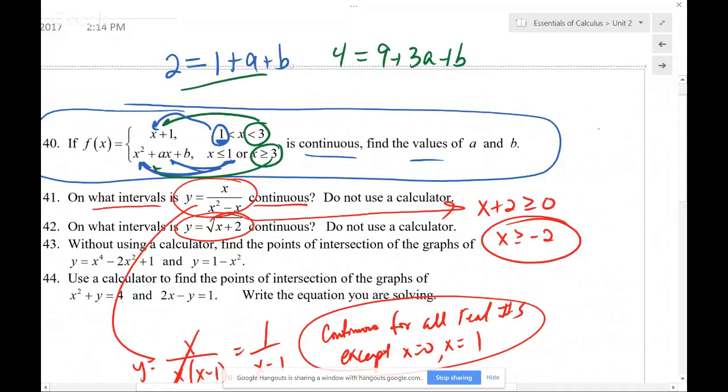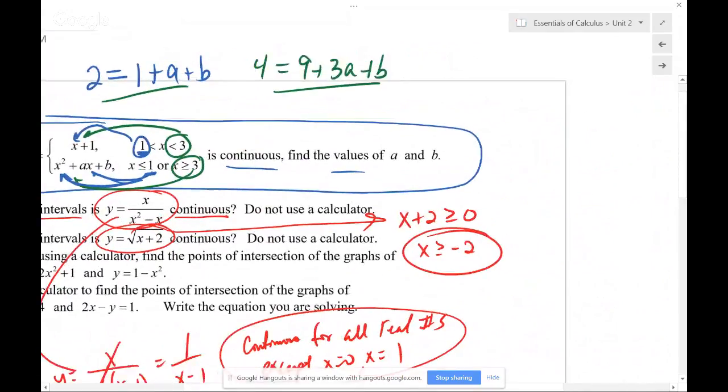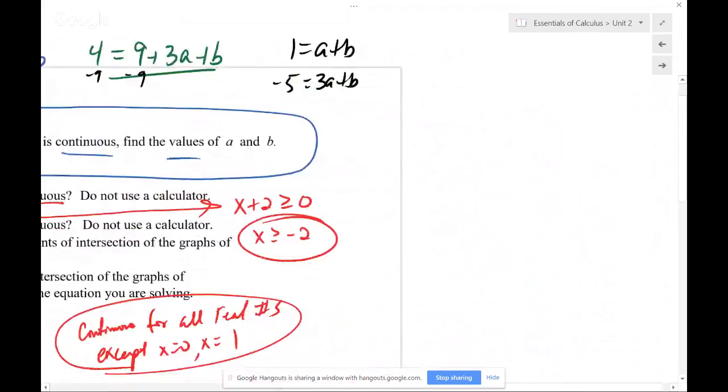All right, now that I have these two things, I'm going to set up a system of equations and solve those. So it's going to look like this. I'm going to subtract 1 over, and I'm going to get 1 equals A plus B, and then I'm going to subtract 9 over, and I'm going to get negative 5 equals 3A plus B. Depending on what method you want to use, I saw one student today use substitution, so they solved for B. They said B is equal to 1 minus A, because they subtract A from both sides.